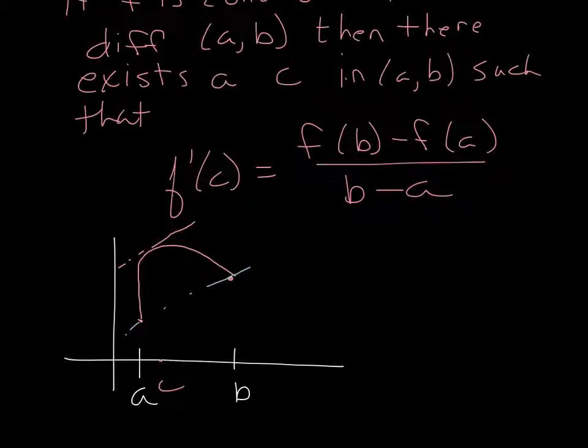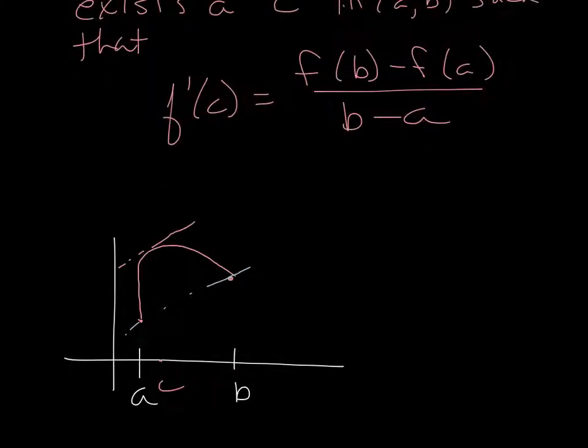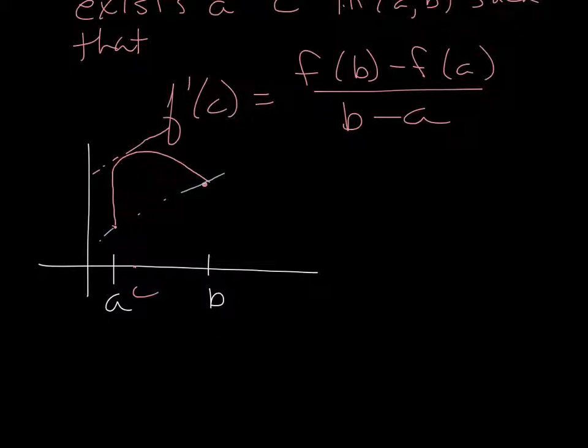All right, so let's do a couple problems. Any questions before we go on? Because you're familiar with both of these formulas. You know how to take a derivative now, and you know how to find an average rate of change.